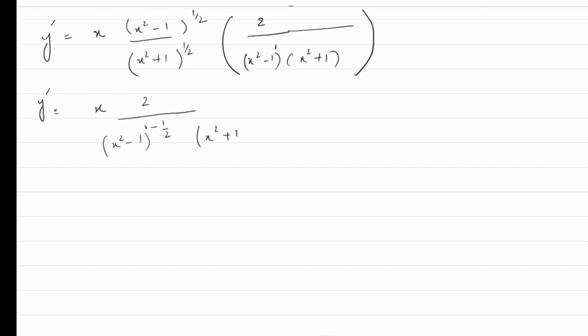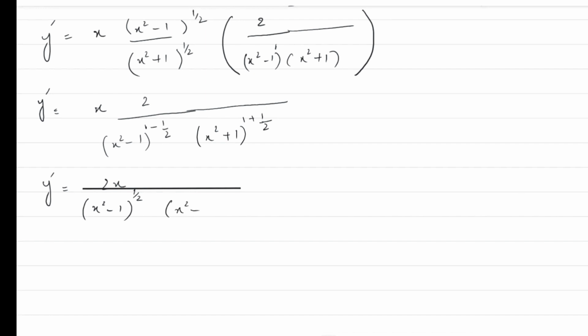And x square plus 1, its power is 1, and if we add this one with that, this power will be 1 upon 2. 2x upon x square minus 1 whole raised to the power 1 upon 2, and x square plus 1 whole raised to the power 3 by 2.